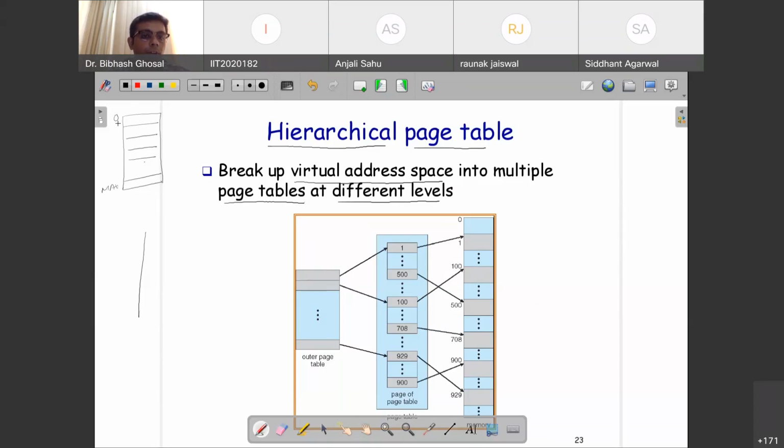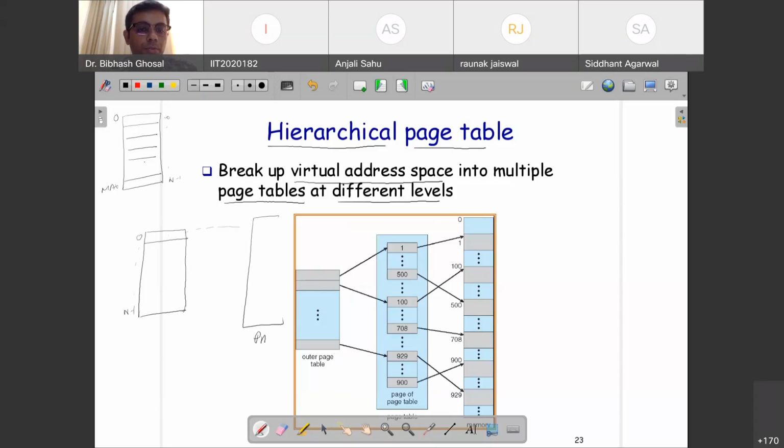And for the number of pages that you have, let's say there are n pages. For n pages, you have designed a page map table with n entries. And each one of them maps to a corresponding value in the physical memory.